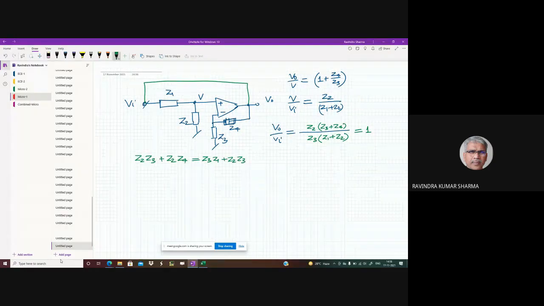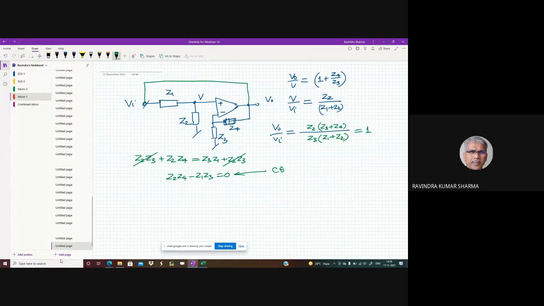Is that right? Yes, sir. Finally, Z2 Z3 cancels, and what you have is now Z2 Z4 minus Z1 Z3 equals to 0. That is now characteristic equation.